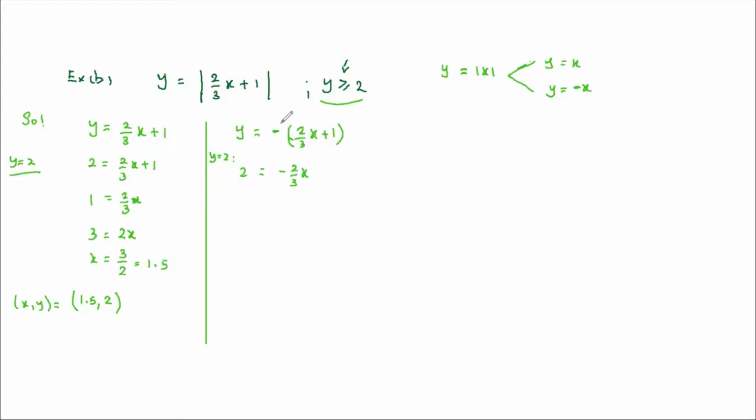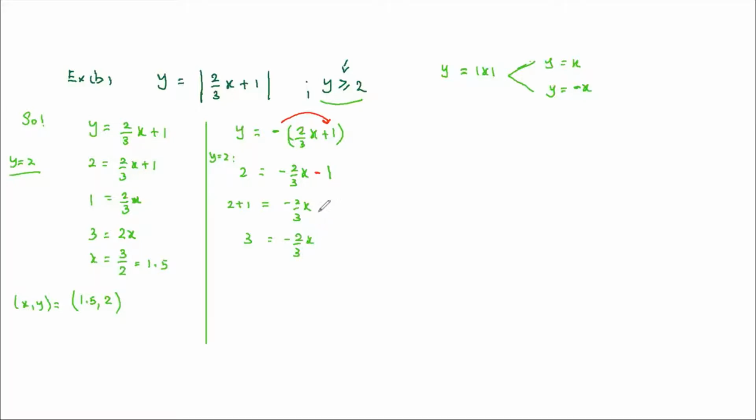Minus times negative becomes plus, so you have negative 1. Then moving negative 1 to the other side, 2 plus 1 equals negative 2 over 3x, so you have 3 on this side and negative 2 over 3x.